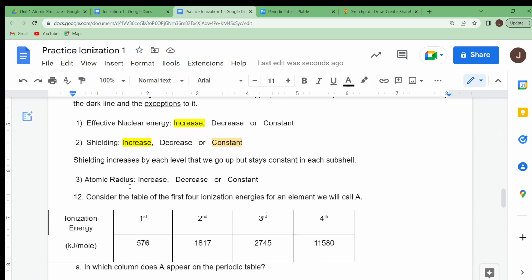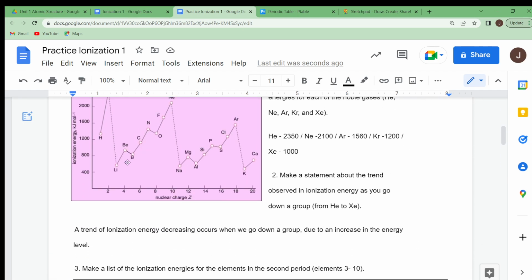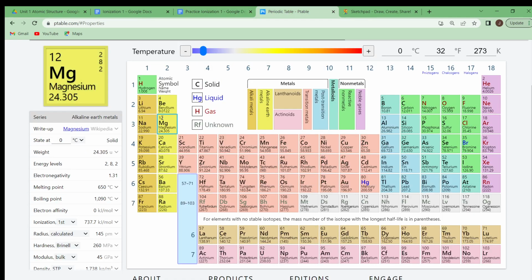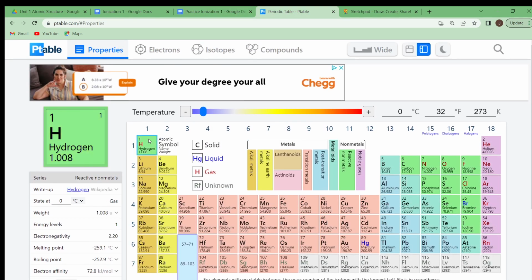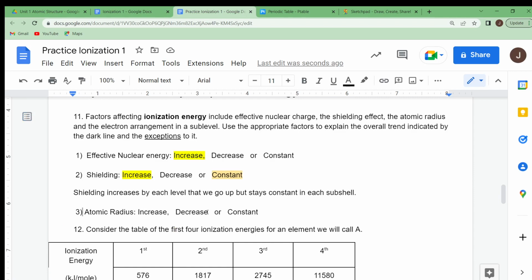Next, number 3 is atomic radius. And what we should say is that in general, as we are going down the table, atomic radius increases, but as we go from left to right, atomic radius decreases. Okay, so in this particular one, we would put both of these. We're going to highlight both.